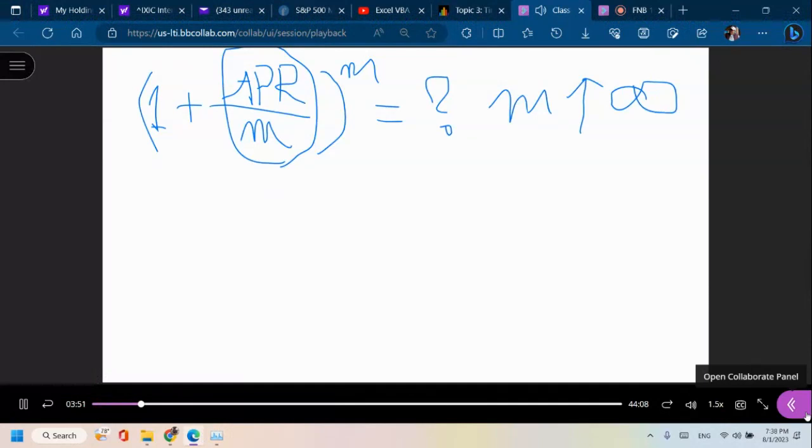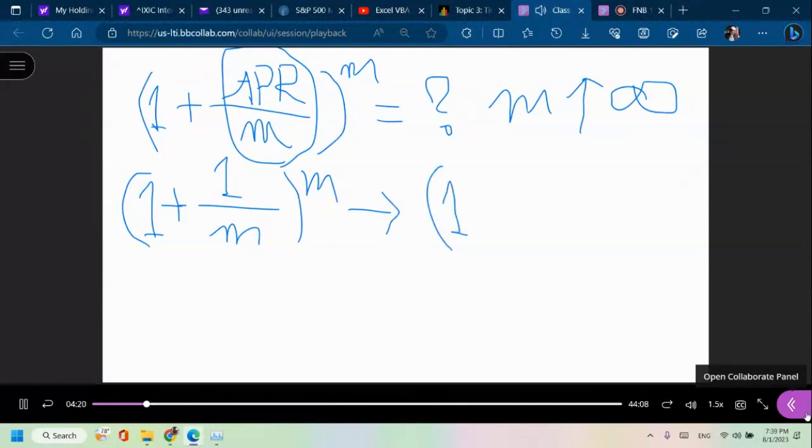Let me just put 1 there to make it simpler, easier to think this way. So what if m goes to infinity? We can rewrite it as 1 plus 1 over infinity, and the whole thing raised to infinity.